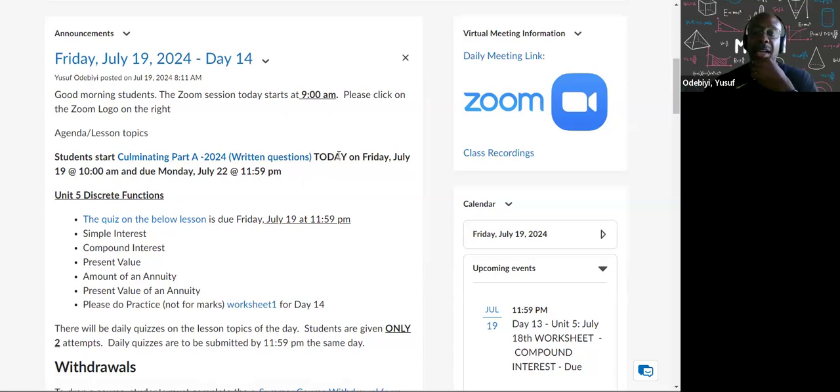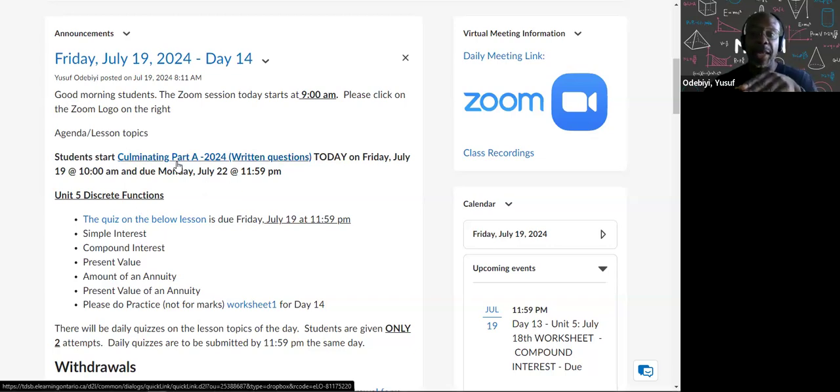It's a culminating activity, that means it covers the entire course. You have written responses, just like the tests are written responses, right? You're going to submit it like you submit the test, as a PDF. Take pictures or scan it or whatever, but it's a PDF you submit. So that's what you're going to work on.